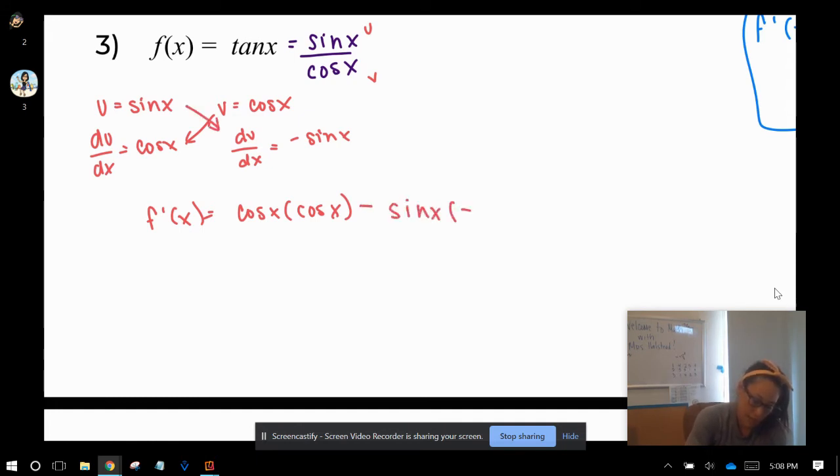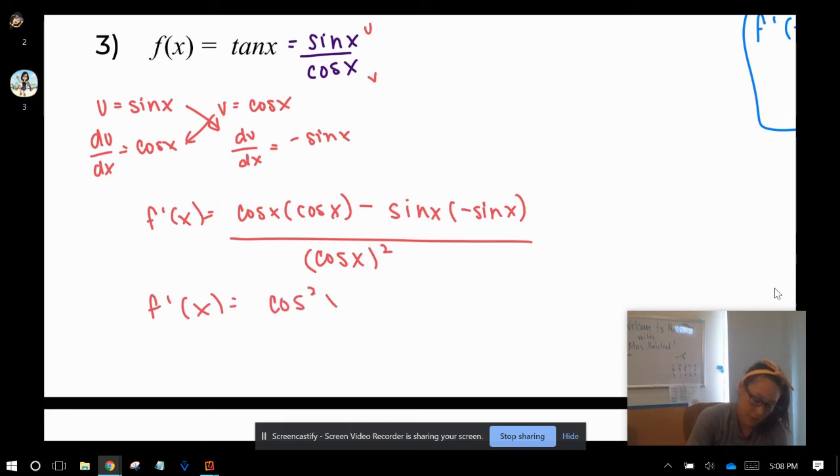Sine of x times negative sine of x over low squared, cosine x squared.